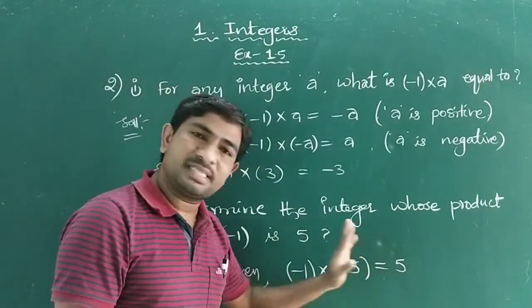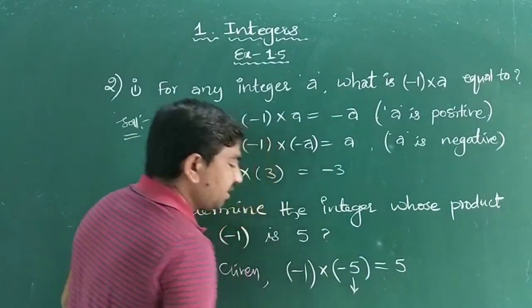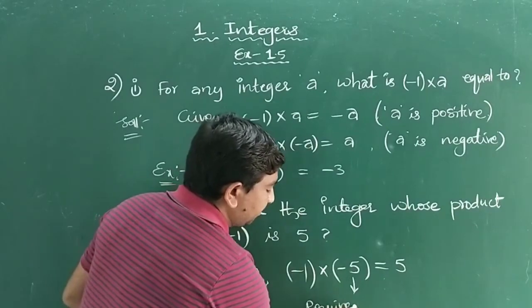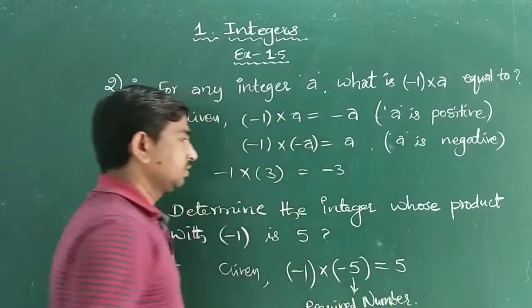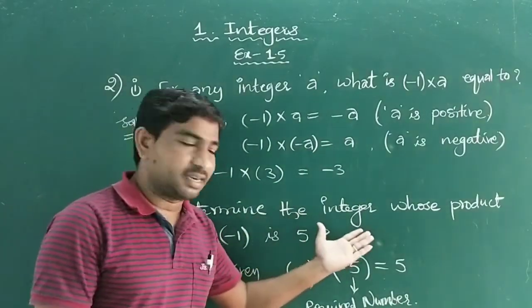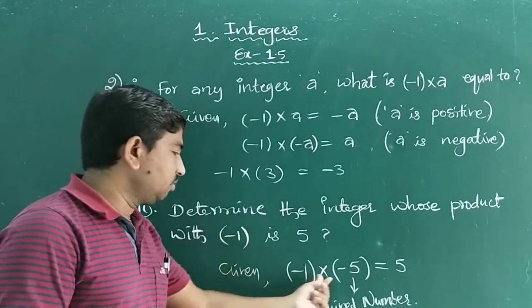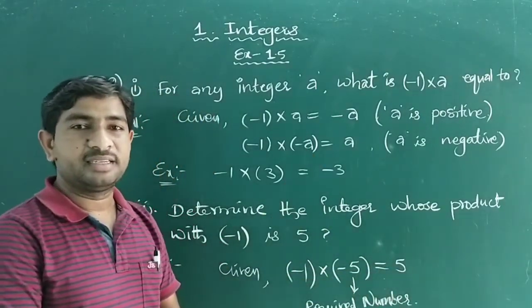Minus into minus is plus, 1 5 is 5. So finally this is our required number. The integer whose product with minus 1 is 5 is minus 5. That's the answer.